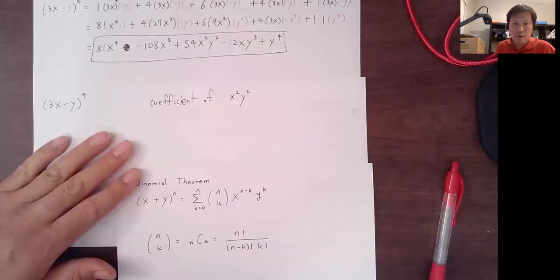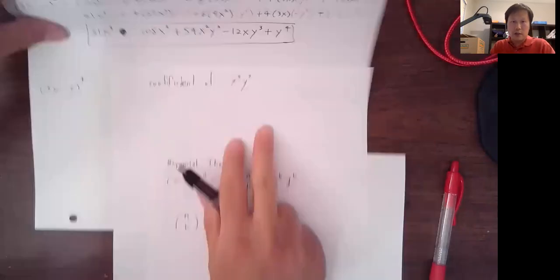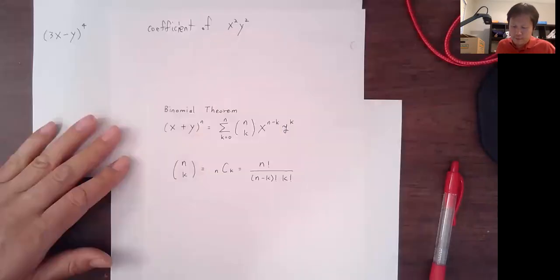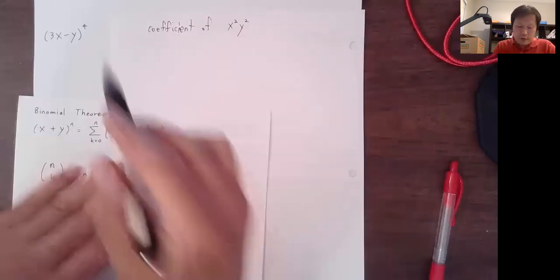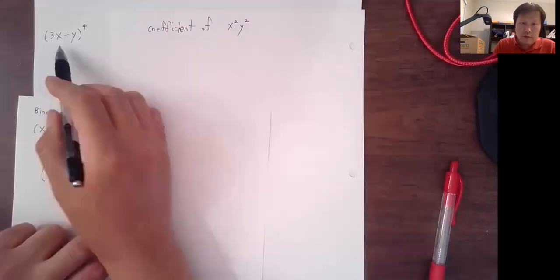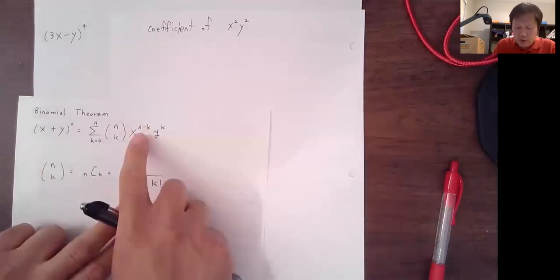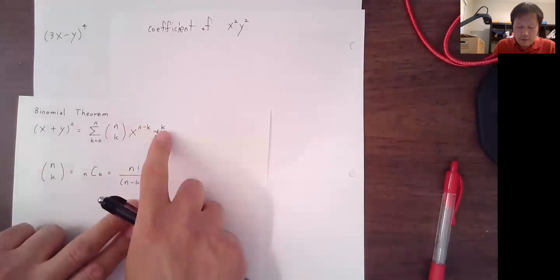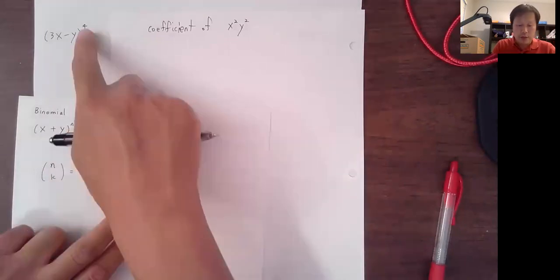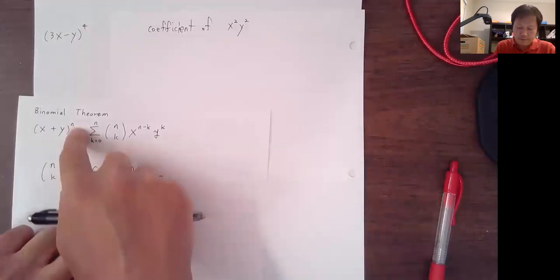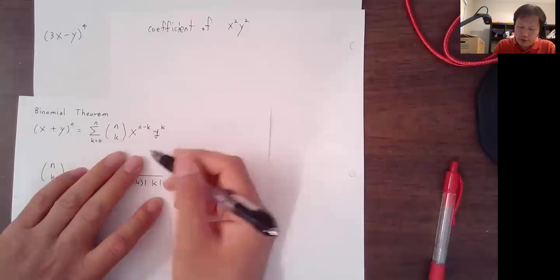So first, you need to recognize, I'm assuming I did not do this. When you look at this, you need to figure out, using this formula, what's the value of n, what's the value of k? Well, the n value is easy to recognize. Whatever the total power is, n equals 4. So you're trying to figure out what's the k value here.